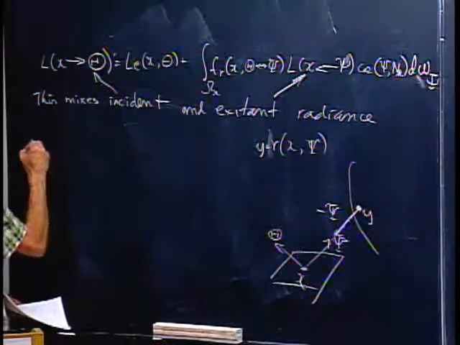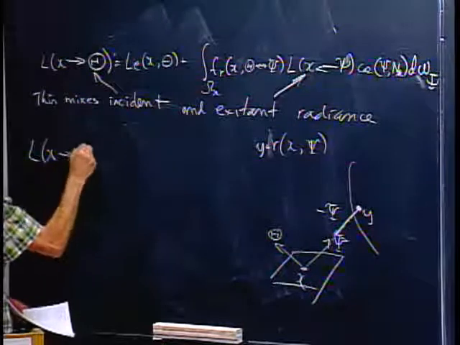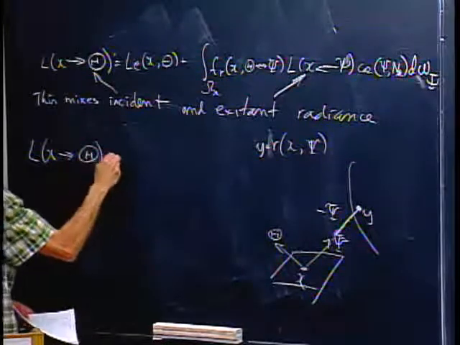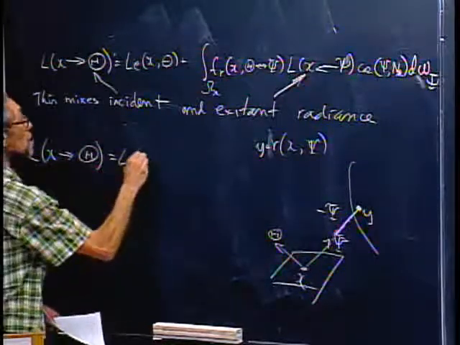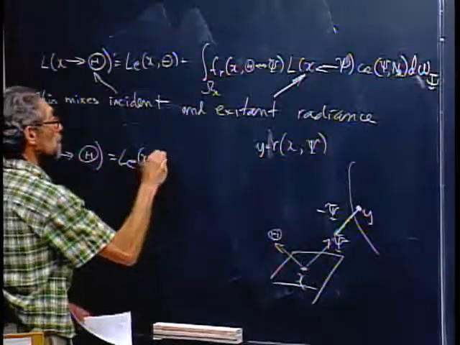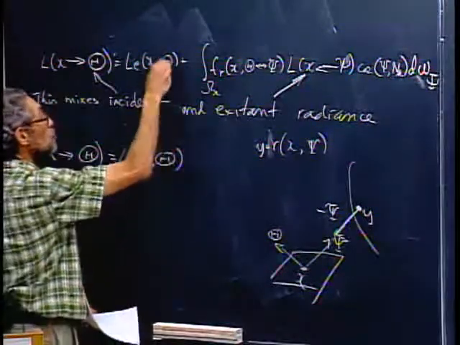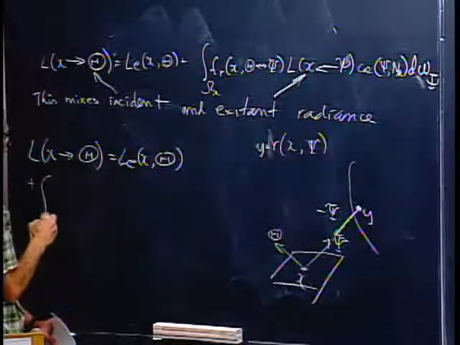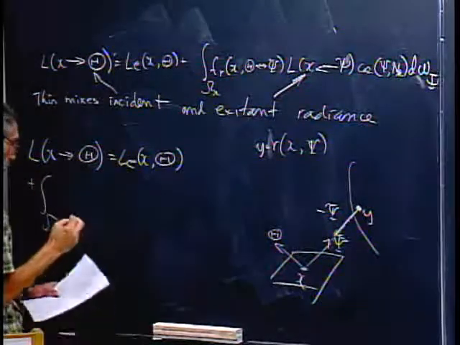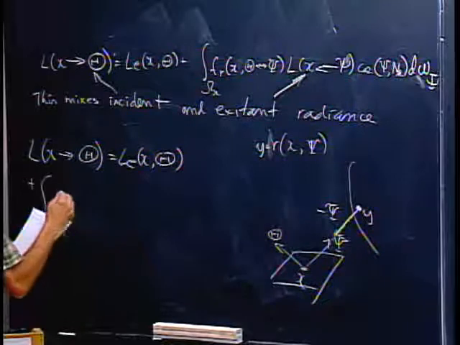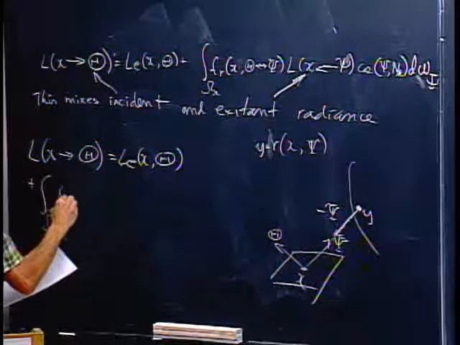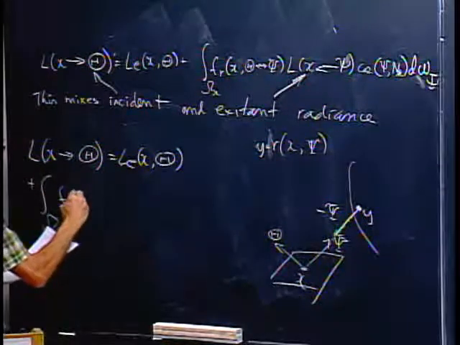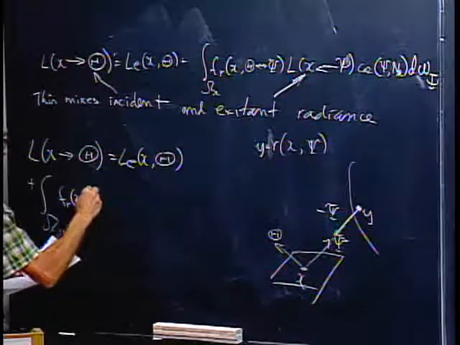So we can say L of x going to theta equals LE of x going, this is emitted radiance that you always add if this is a light source, plus an integral over solid angle of now the same FR factor x.